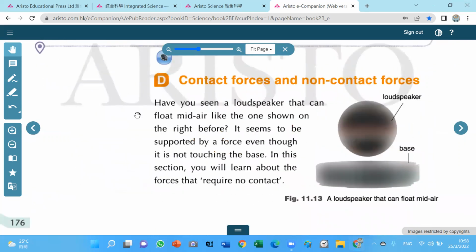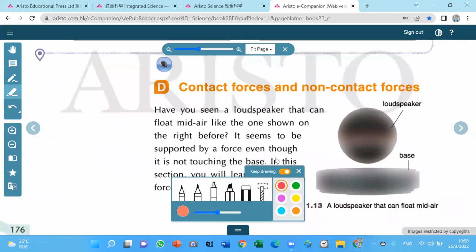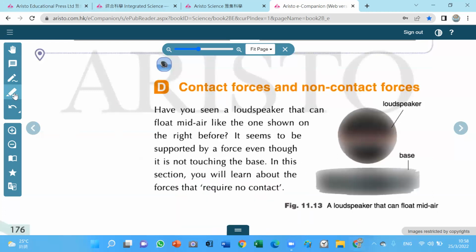Okay, so in part D, we will learn about contact force and non-contact force. As shown in the videos, I won't repeat it. So we will learn about forces that require no contact.